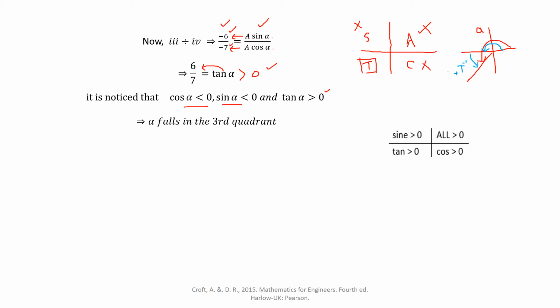So pi plus tangent inverse of 6/7 is our alpha. The alpha will be in the third quadrant, as I explained here.